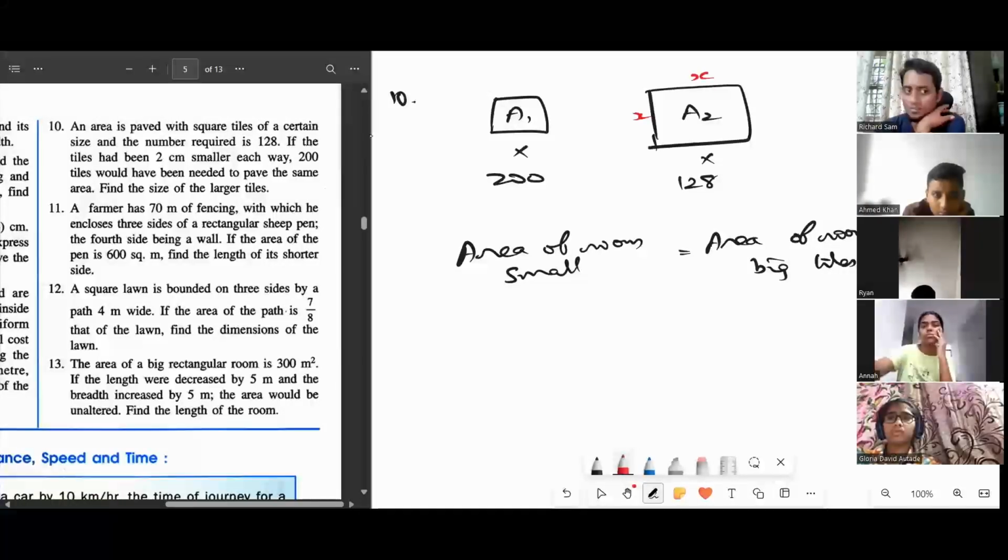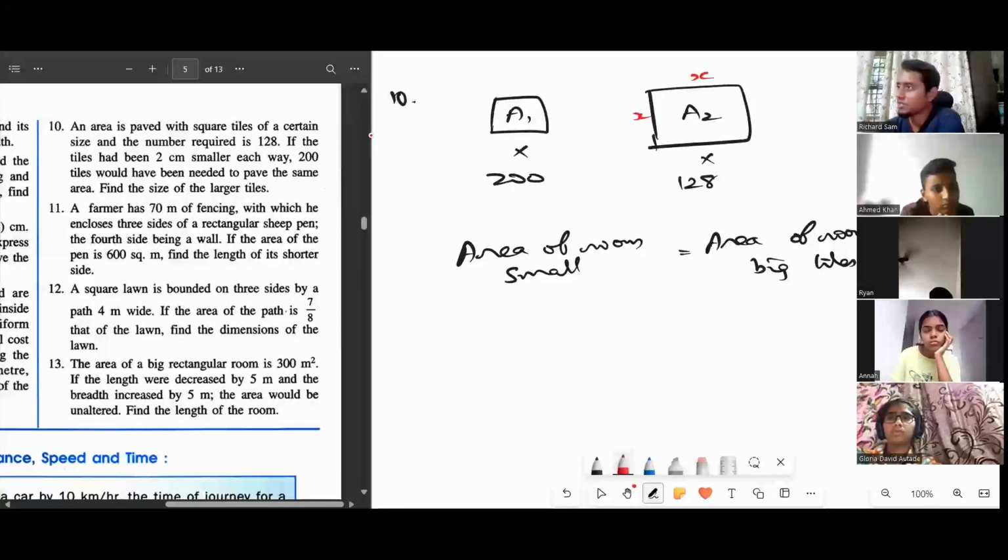Look at the question. An area is paved with square tiles of a certain size and the number required is 128. So that's the big tile, side is x and you can fit 128 of them. Now, if the tiles had been 2 centimeters smaller each way, then 200 of them would have fit.